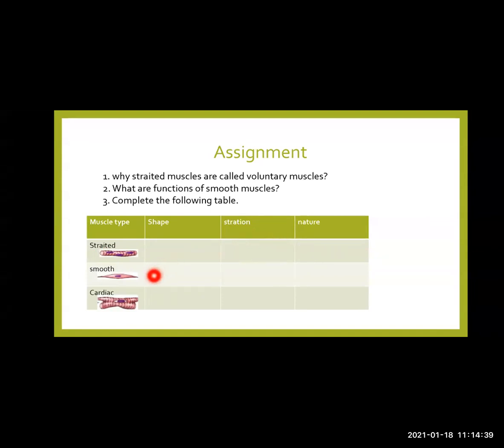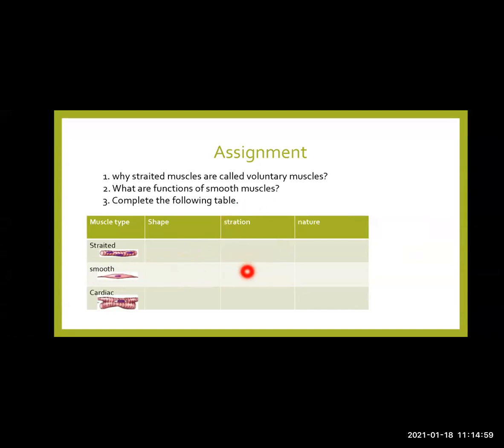Next is smooth muscle tissue. You can see the shape is spindle shape, that is tapering at both ends and flat in the center. It is uninucleated, that is, it has a single nucleus. It is unbranched.